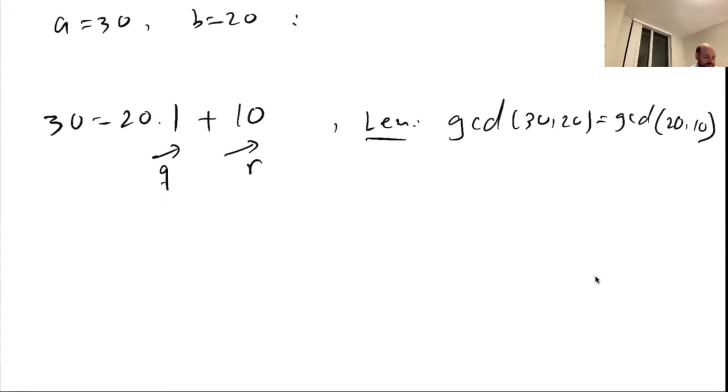So instead of the GCD of 30 and 20, I can find the GCD of 20 and 10 because these two are equal. And how can I find the GCD of 20 and 10? 20 is equal to 10 times 2. So if 20 is a multiple of 10, that means the GCD is 10.